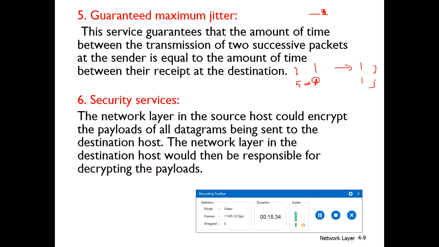With such a service, confidentiality can be provided to all the transport layer segments between the source and destination. In addition to confidentiality, it can also provide data integrity and source authentication services.